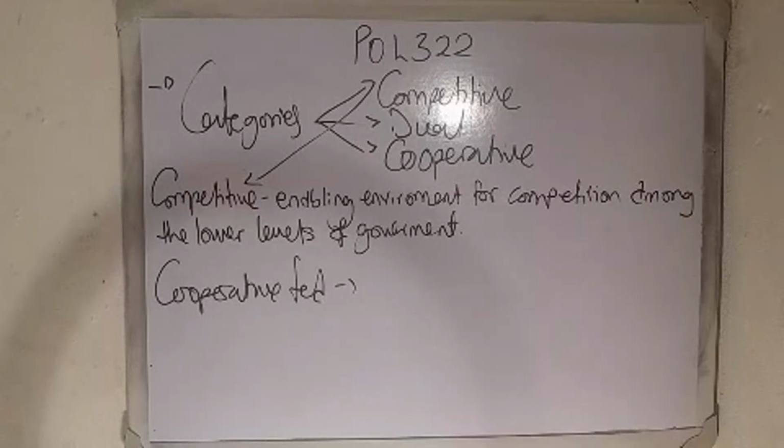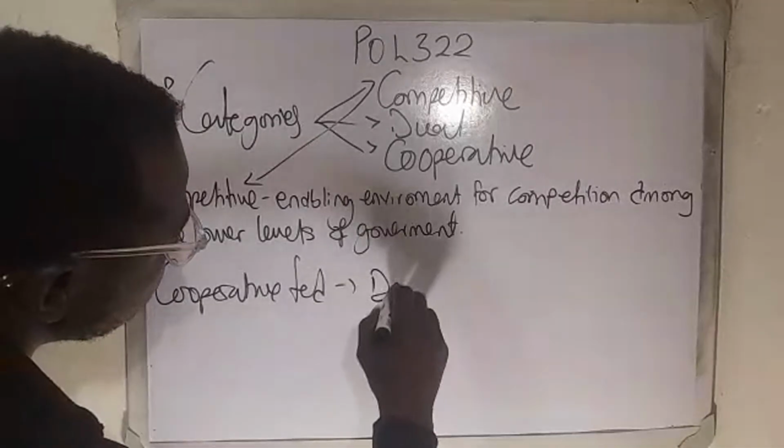Now, here, efforts are being made at tackling issues in a cooperative manner among the levels. What are we talking about here? The decentralization of power is effective here.